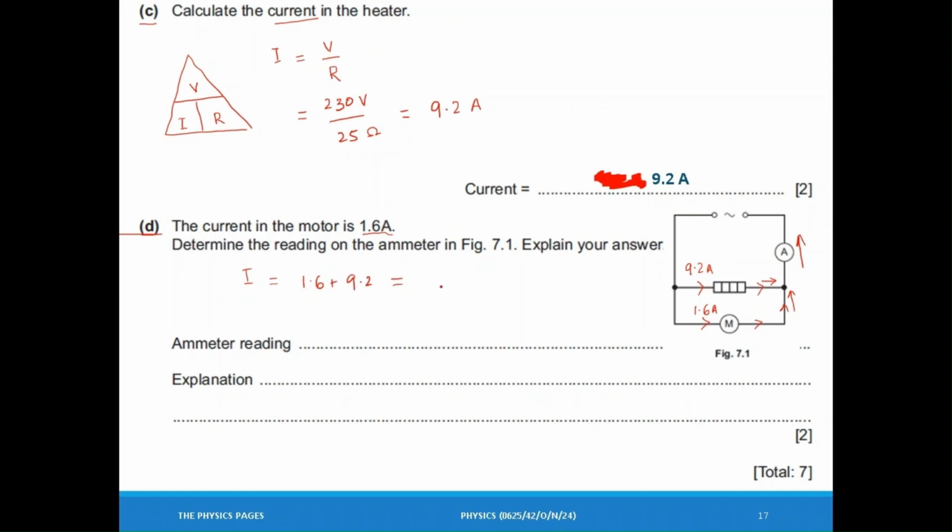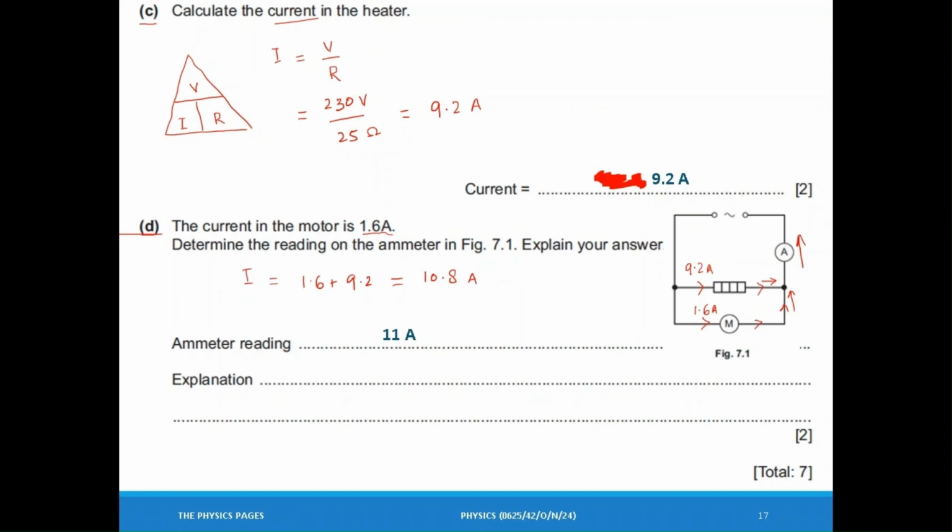That gives us 10.8 amperes, and we will approximate it to 11 amperes. So this is an 11 ampere current that will pass through the ammeter, which is called the total current.